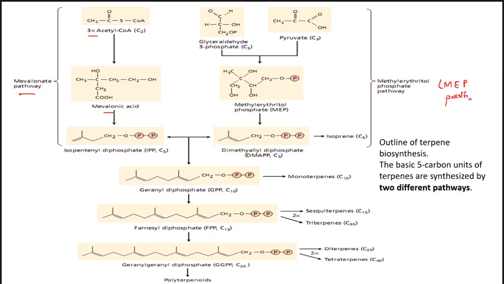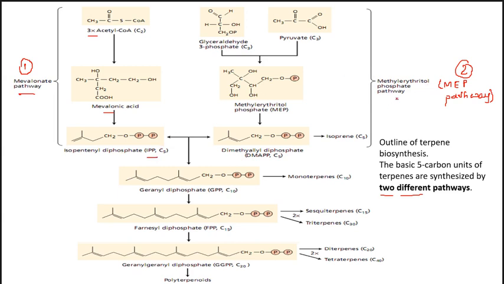So two pathways are responsible for terpene biosynthesis, MEP and mevalonate. In the first pathway, 3 acetyl CoA will combine and form mevalonic acid. This mevalonic acid will form IPP.